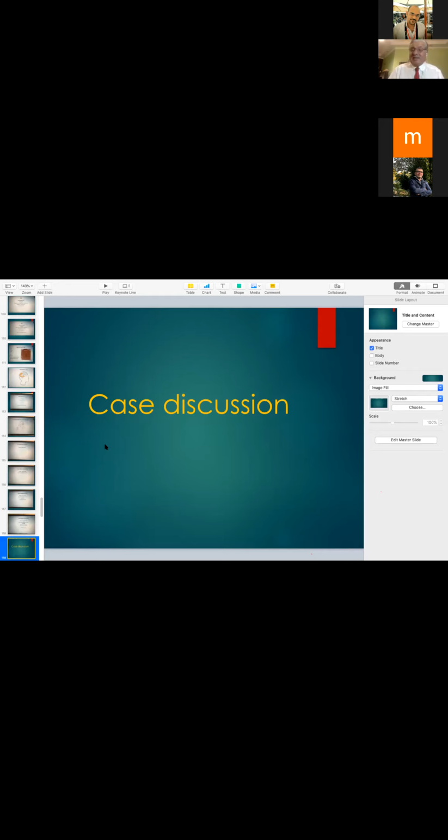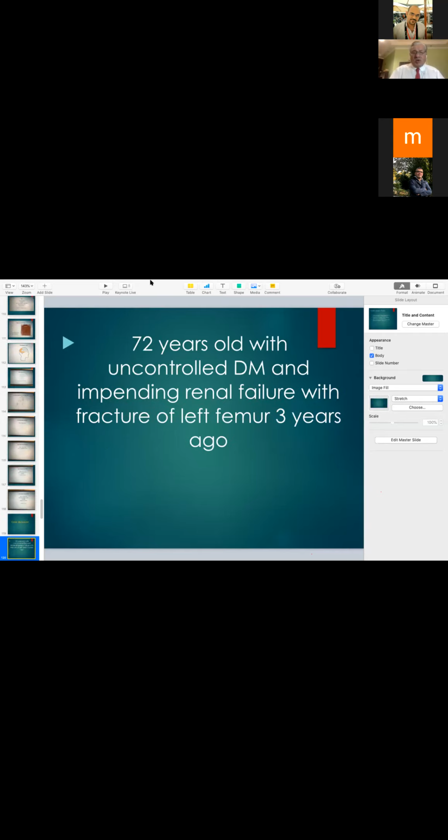Let me just show one of the cases we suffered with, and what was done. A 72 years old lady with uncontrolled diabetes and impending renal failure, with a fracture of the left femur 3 years ago.